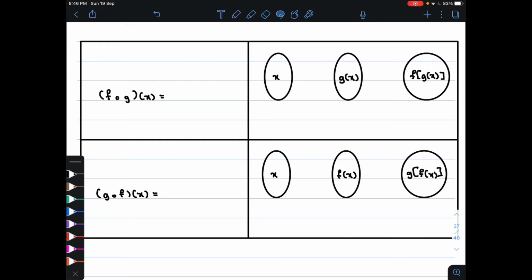How to write a composite function? This is composite function fg. Okay, so kamu letak f, kamu letak yang empty circle ni, and then kamu letak g, so kamu letak dalam bracket, and then kamu letak bracket x. So ini adalah composite function fg.